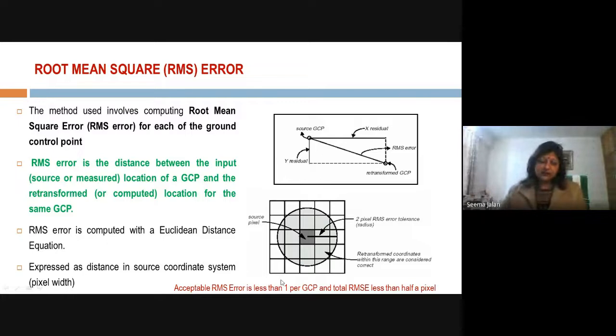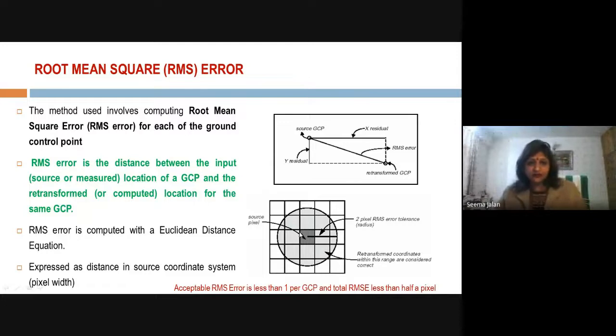If my error is less than half a pixel, I am okay with it, because when I complete my geometric transformation, the computed values will lie within the same pixel. They should not go outside the pixel. Then I will consider it as a shift.